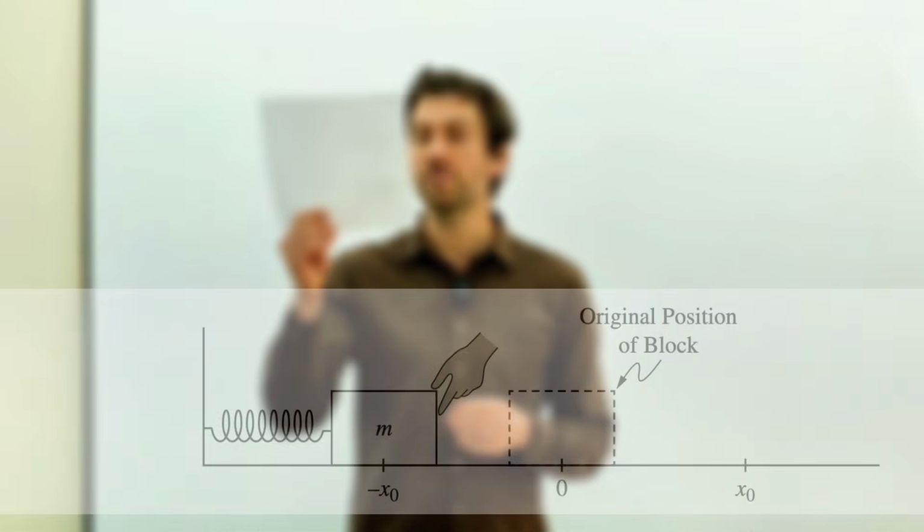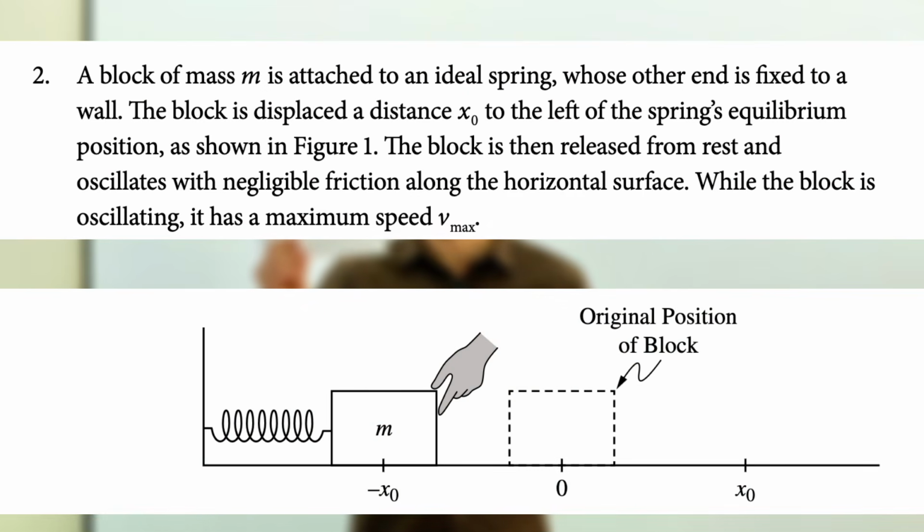This question comes from the sample exam. A block of mass M is attached to an ideal spring, whose other end is fixed to a wall. The block is displaced a distance x0 to the left of the spring's equilibrium position as shown in figure 1. The block is then released from rest and oscillates with negligible friction along the horizontal surface. While the block is oscillating, it has maximum speed, Vmax.